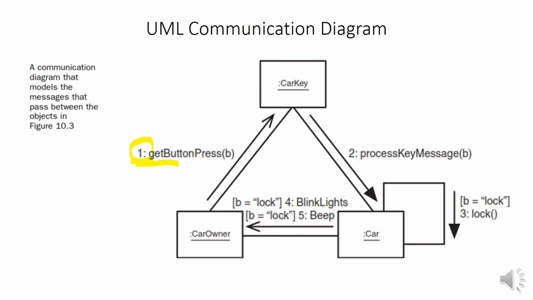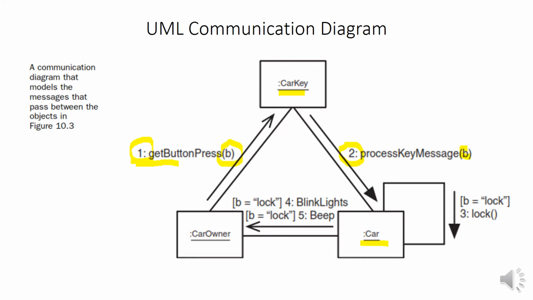So the car owner is sending a message to this object to get button press and passing an argument inside it. The second message is the process key message. The argument is passed to this object.